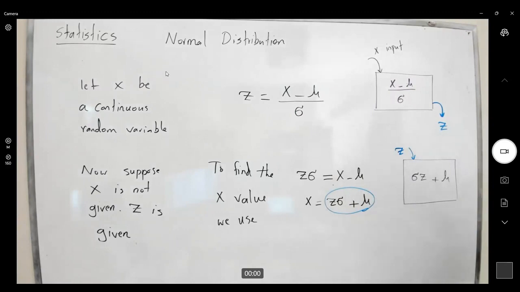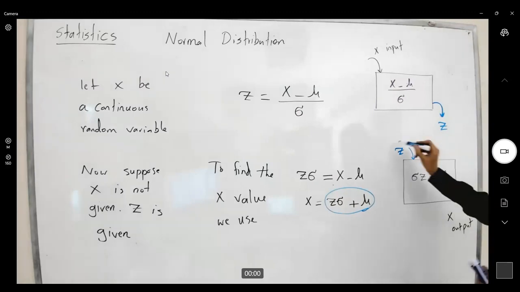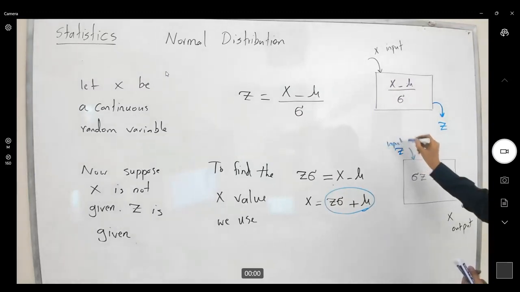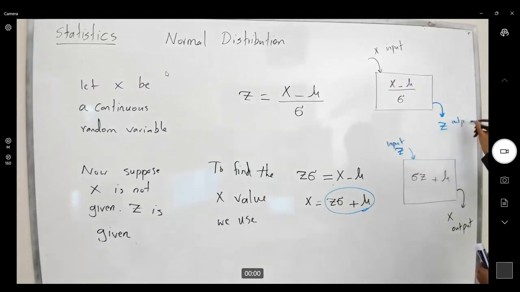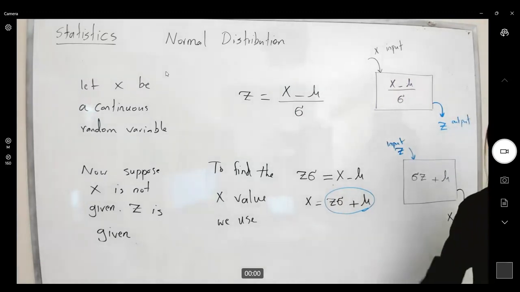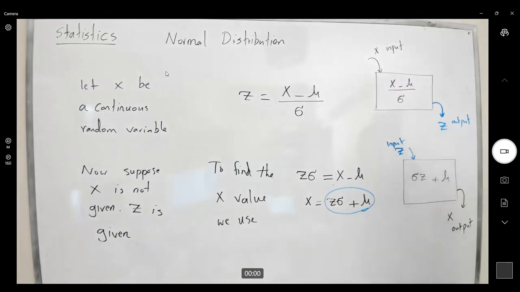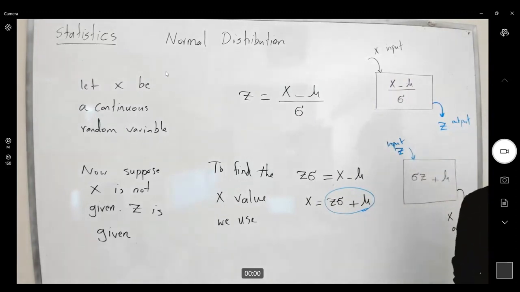So you're going to get your x back as the output. This is your input, and this is your output. So I gave you two formulas, two machines that you can use to either find your z, or if z is given, you can find your x value.